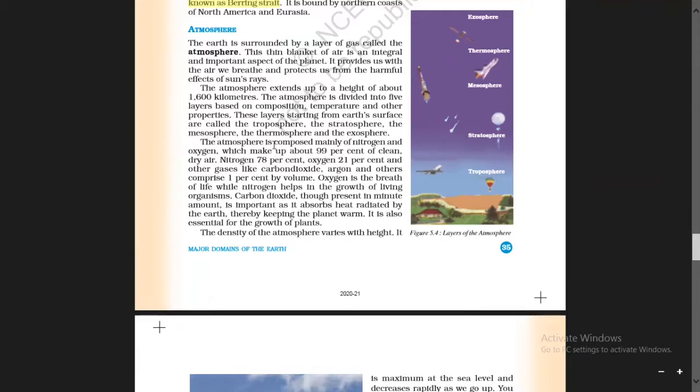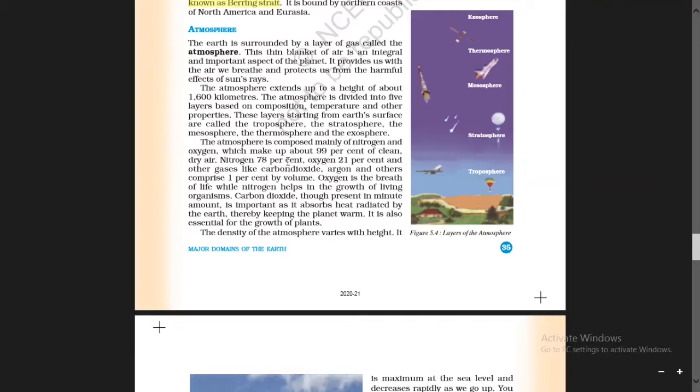The atmosphere is composed mainly of nitrogen and oxygen gas, which make up about 99% of clean dry air.